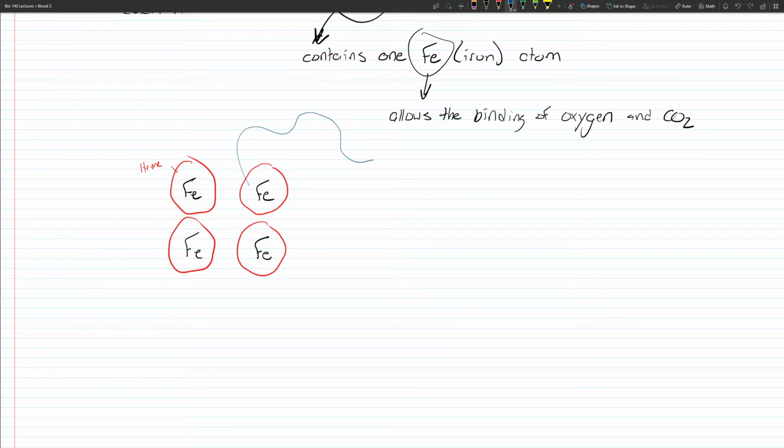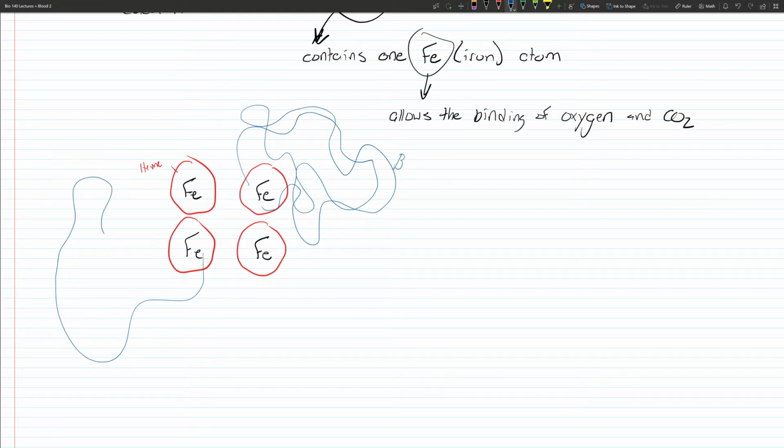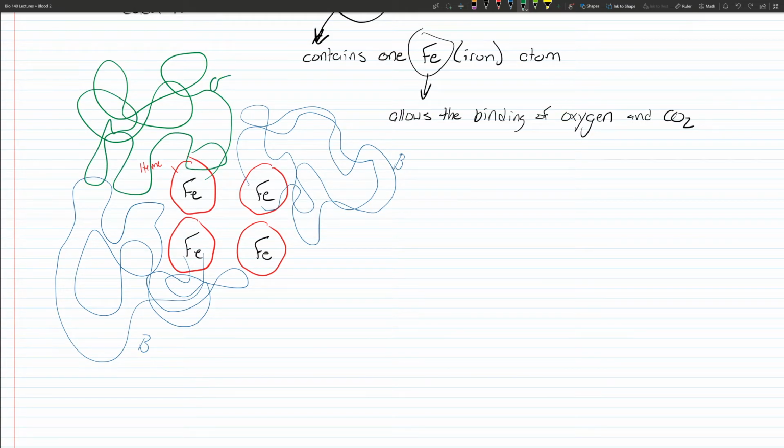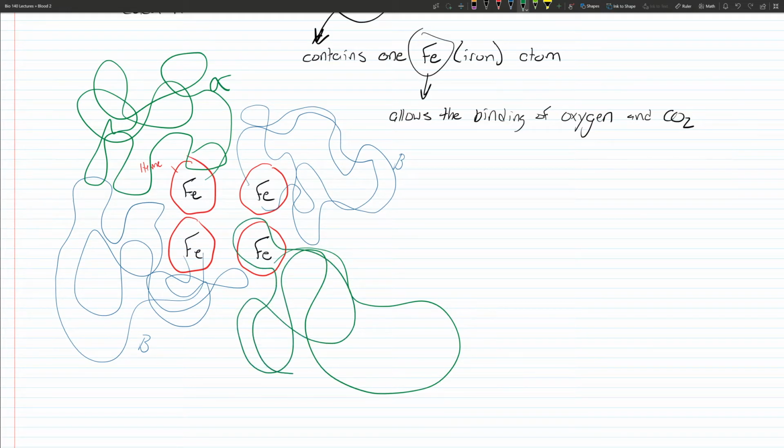So we're going to do blue. Let's call this the beta chain. You might have another beta chain. Beta. And then you'll have the alpha chain. That's our alpha chain. And then here you have the other alpha chain.